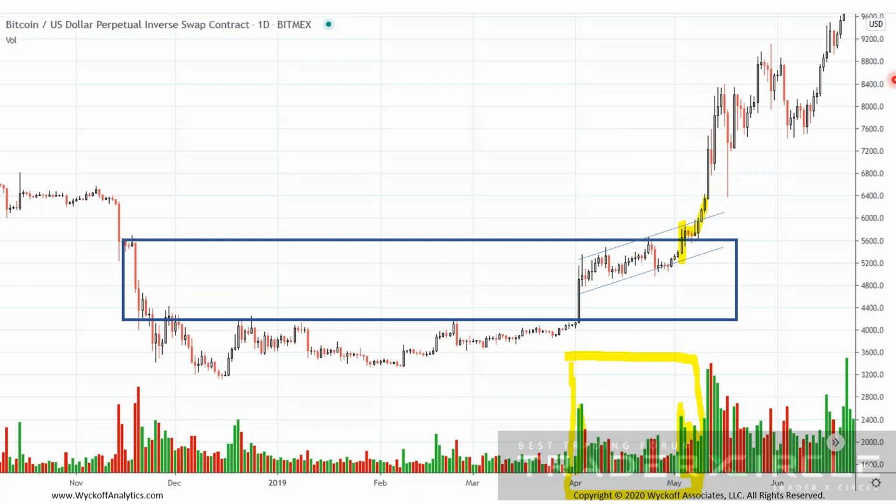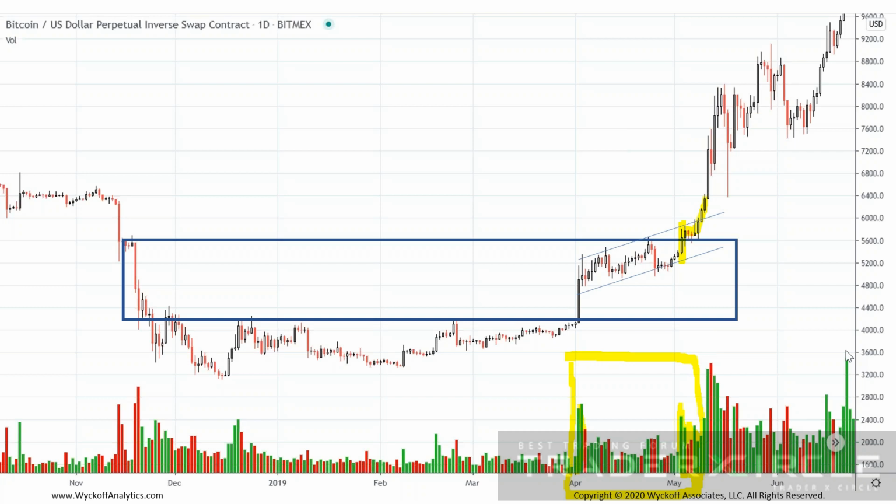Just type yes or no. I'm scrolling through the answers. Okay, yes. So the supply signature in this consolidation is quite high.